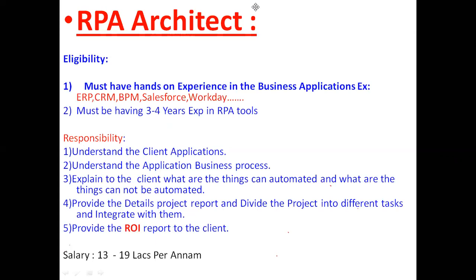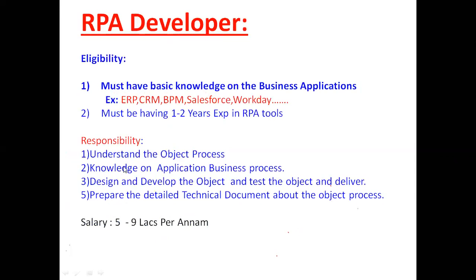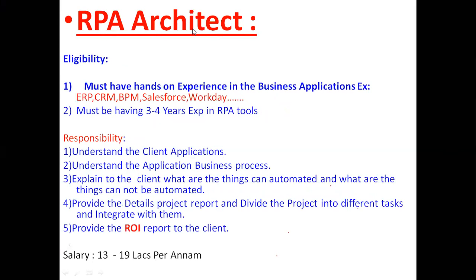So this is the architect level. And what we are going to give training on, and what you are going to apply for, is RPA developer. If you already have around 10 years of industry experience as an application developer or tester, then you can go for the previous one, the RPA architect, because with 10 years of experience in other applications, you might know the entire business process, how it looks, and what problems we are facing.